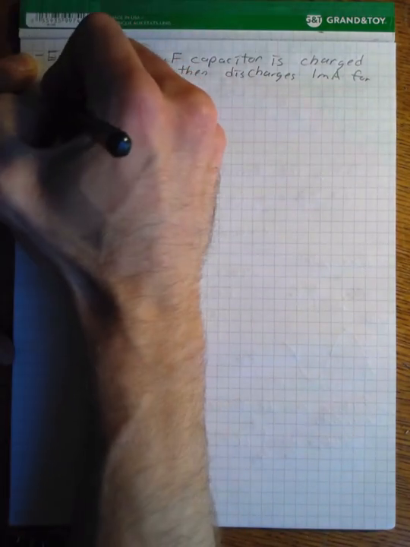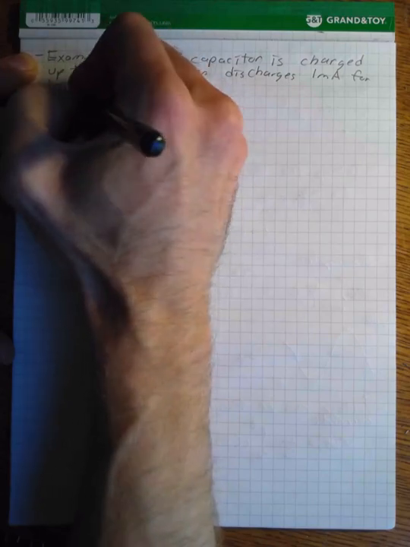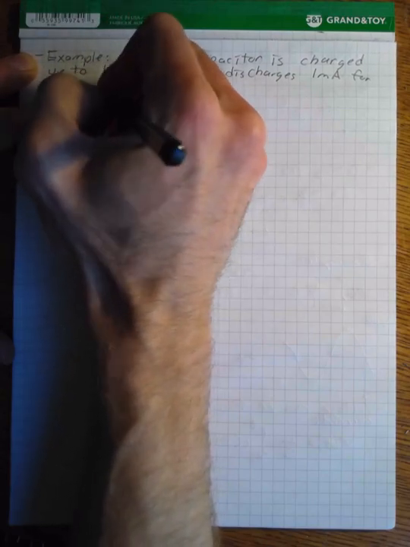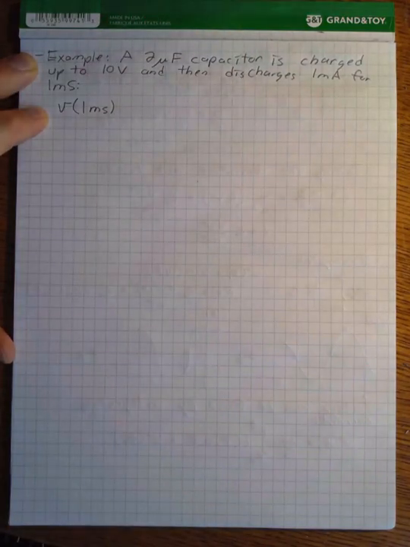And so we want to solve for the voltage at 1 millisecond. So t is equal to 1 millisecond.